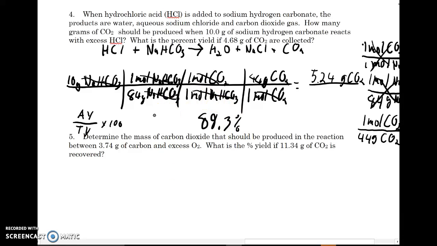So again, that was 4.68 divided by 5.24 times 100 equals 89.3% yield, which basically means that in my experiment, I obtained about 89% of what I should have obtained. And that's what percent yield is all about.